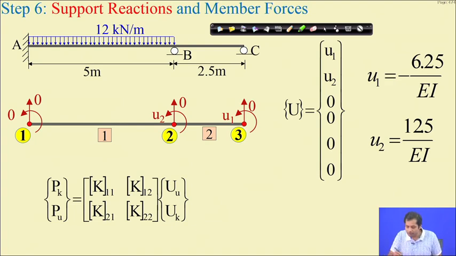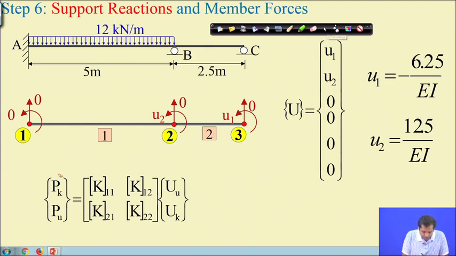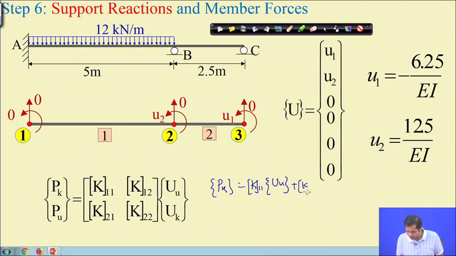And if you recall, this PK is the nodal equivalent load vector at the joints where displacements are unknown. And if we solve this equation, PK is equal to K11 into U plus K12 into UK.